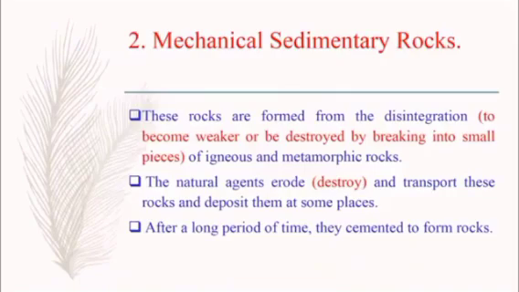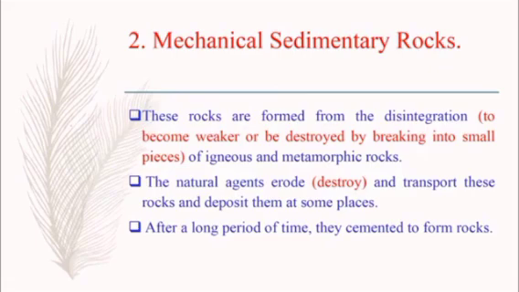The second one is mechanical sedimentary rocks. These rocks are formed from the disintegration of igneous and metamorphic rocks. Disintegration means to become weaker or be destroyed by breaking into small pieces. The natural agents erode, meaning destroy, and transport these rocks and deposit them at some places.